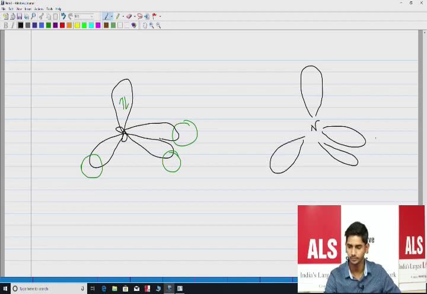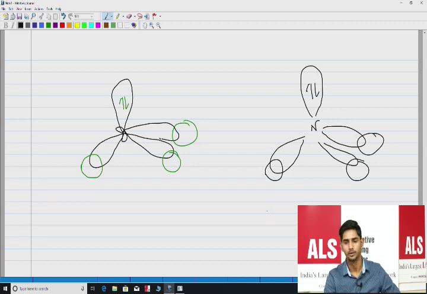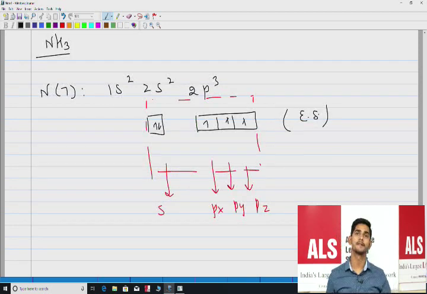Okay, H, H, and H, and this is your lone pair. Okay, clear with the ammonia molecule? Clear guys? Copy.